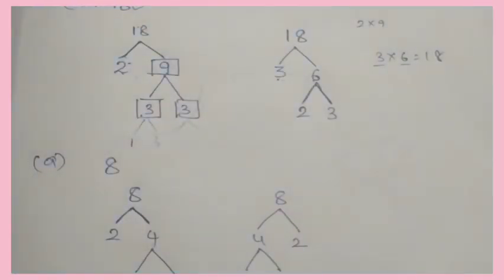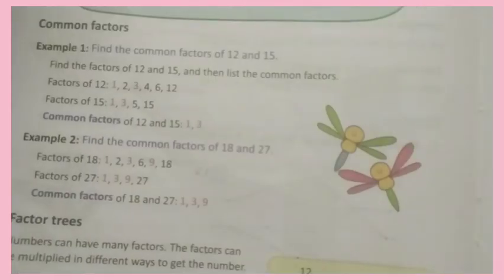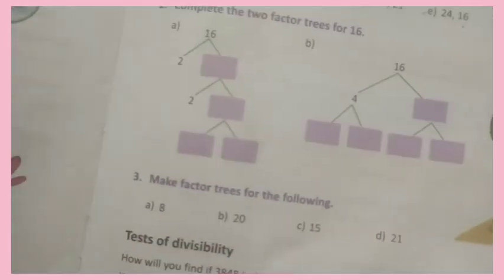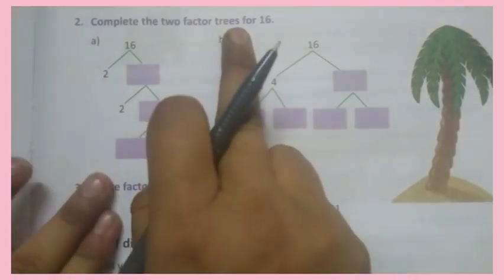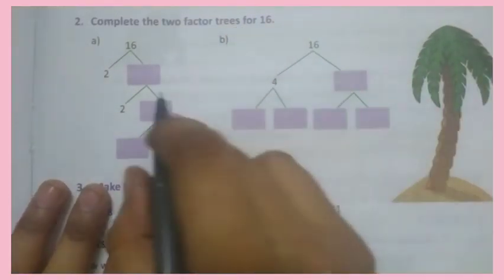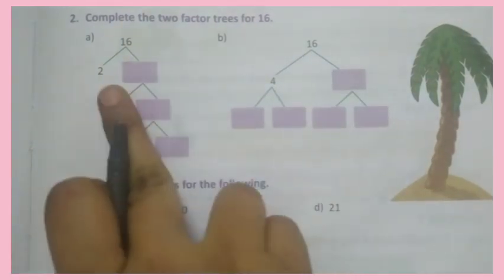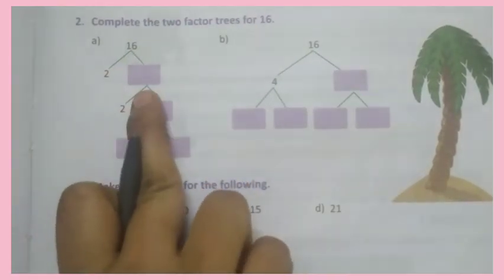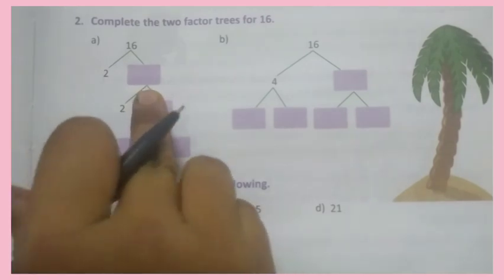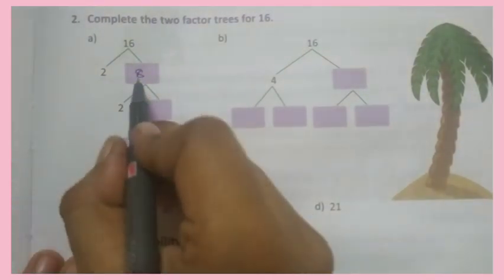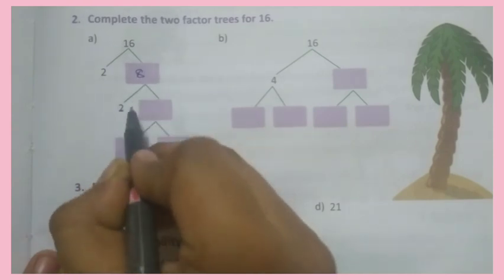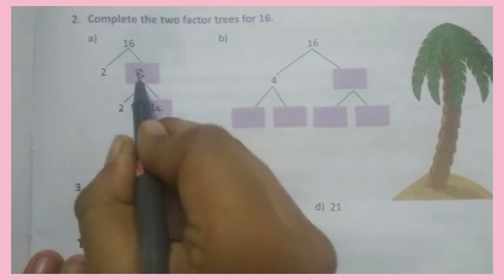Look here in textbook page number 151, complete the two factor trees for 16. Here for 16 we have to complete this. In 2 table when we get 16, yes, 2 8s are 16. Next in 2 table when we get 8, 2 4s are 8.